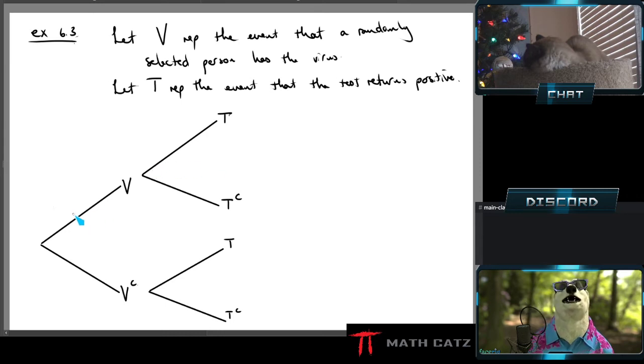So they tell me 0.5% of the population actually has the virus. So that means 0.5 out of 100. Here are probabilities on the tree. Probabilities are fractions between 0 and 1, even though in a descriptive setting, in a paragraph, in a question, they might use percentages. I never use percentages in a calculation.